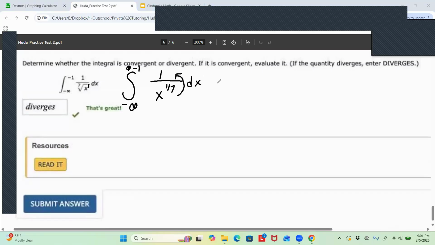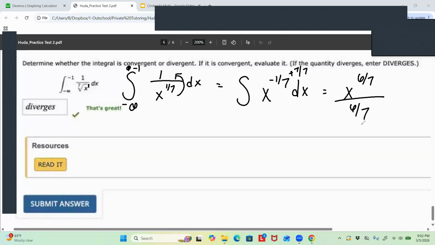So this is the integral of x to the negative 1/7 dx. Integrate. Add 1, which is 7/7. So this would be x to the 6/7 over 6/7. This would flip up. So we have 7/6 x to the 6/7 from negative infinity to -1.